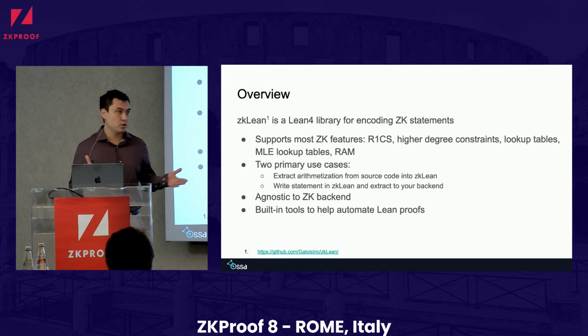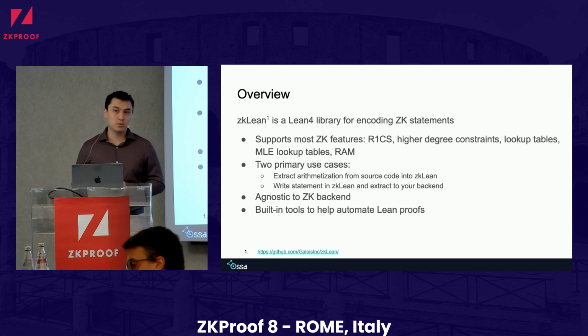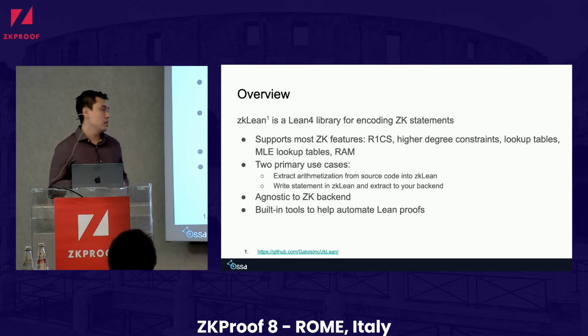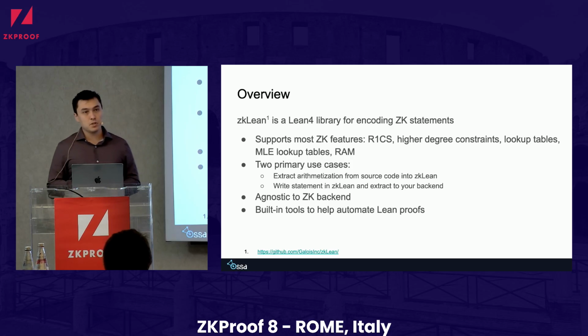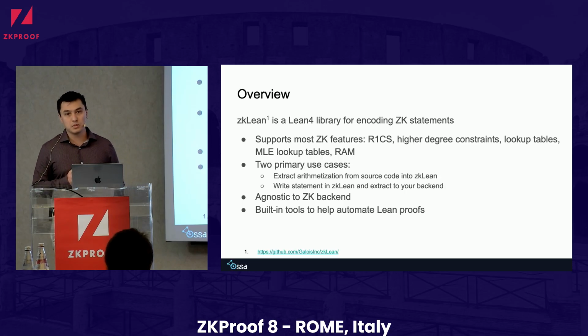There are two primary ways that you would typically use zkLean. One is, let's say you have your arithmetization in some other language like Rust. You could have some tool that extracts that arithmetization, converts it into zkLean, and then once it's in Lean, you're able to verify that it's correct.